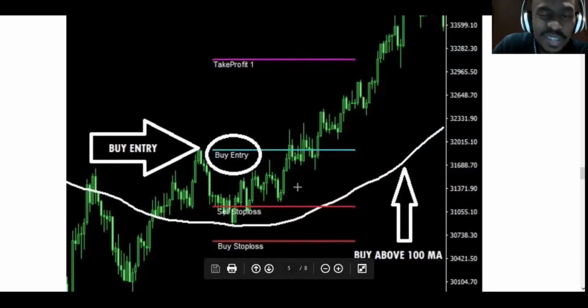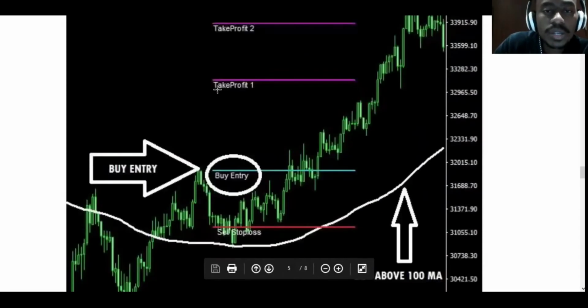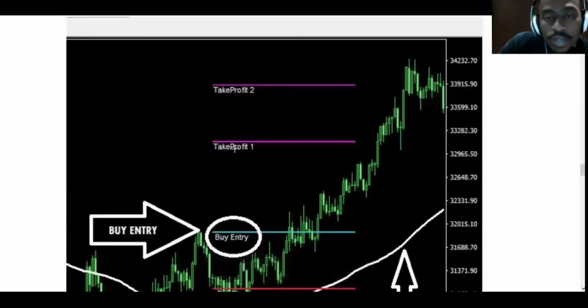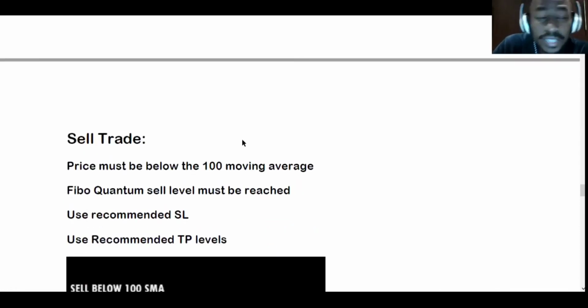You'll understand as we go. When you open a buy trade, you put your stop loss where it says buy stop loss, and then you can use the take profit levels that are given. It gives take profit 1, 2, and 3 for each trading scenario.